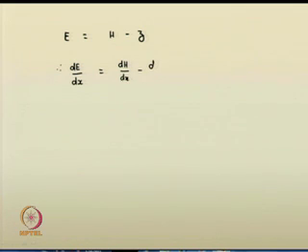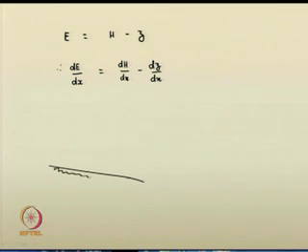That is, E is equal to H minus Z. Therefore, dE by dx, if you go along the reach of the channel in the flow direction, is equal to dH by dx minus dZ by dx.